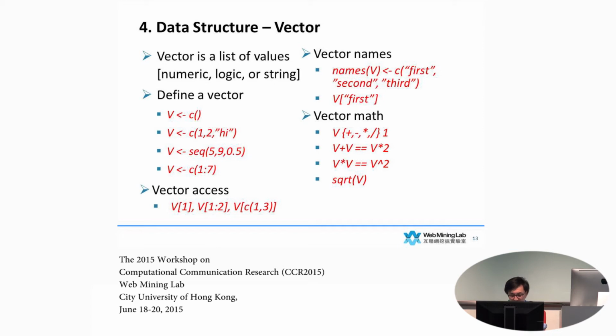The third one, h. Okay, that's easy. We can use -1. That means except the second one, and so the result is 1 and 8.